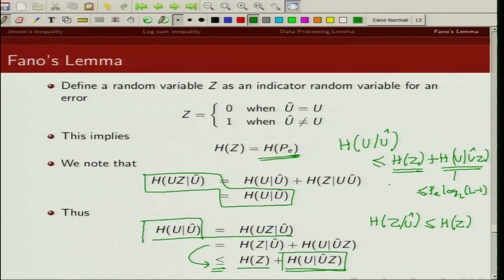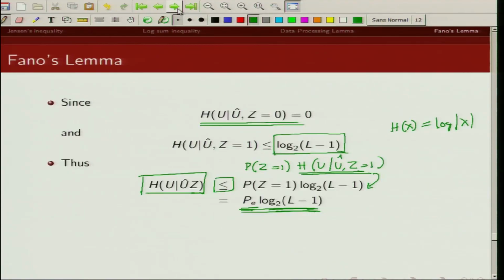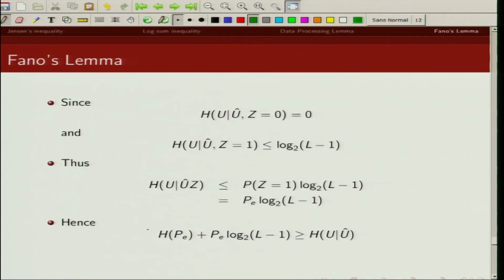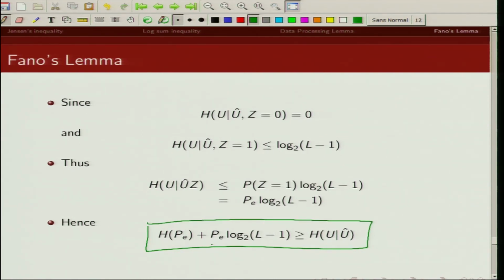So if we plug these values in, this is H of Pe. If we plug these values in, we get our Fano's lemma, which is this. Note this is a convex function of p, this is a linear function of p, so it is the sum of a convex function of p and a linear function. So this is what is our Fano's lemma.